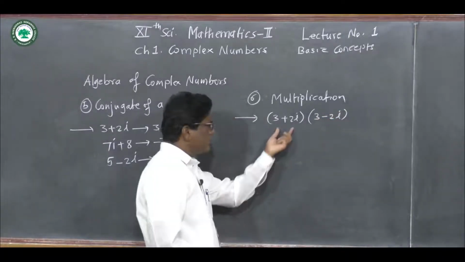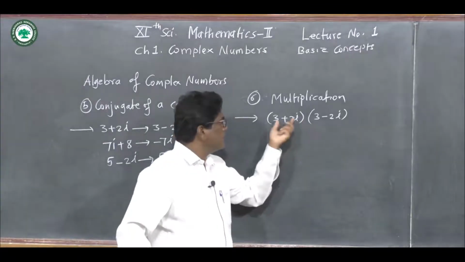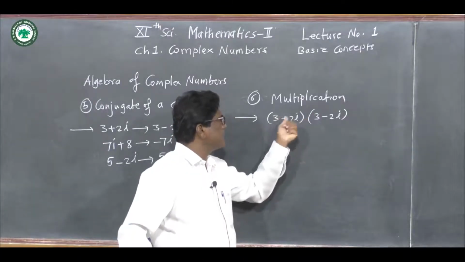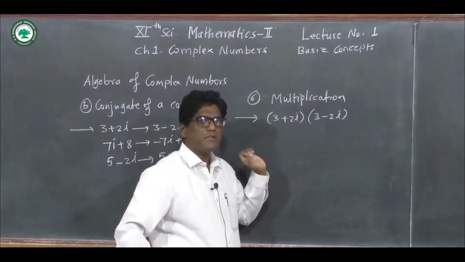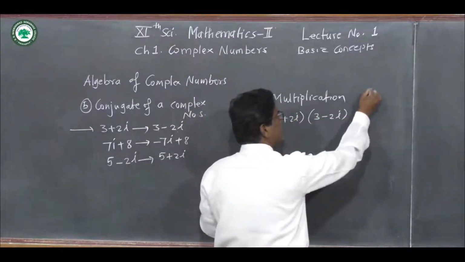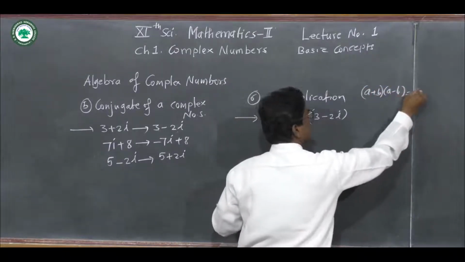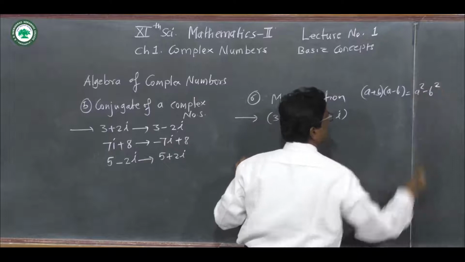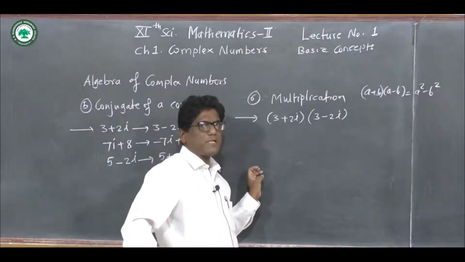See, these two complex numbers are complex conjugates of each other. Terms are the same, 3, 3, 2i, 2i, but here plus, here minus, so conjugates of each other. And we know that a plus b into a minus b is equal to a square minus b square. This is the formula.